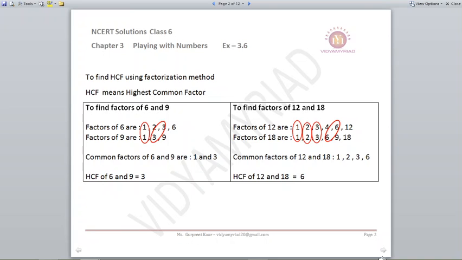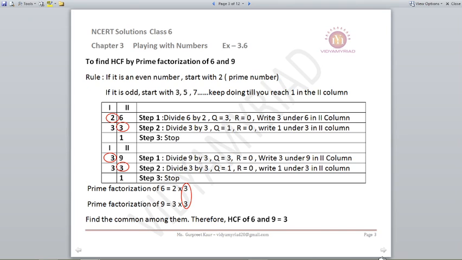Now there is one more method, prime factorization. Let me teach you that. Here, if a number is an even number, we will begin with 2. We will divide the number by prime numbers only. The smallest prime number is 2.